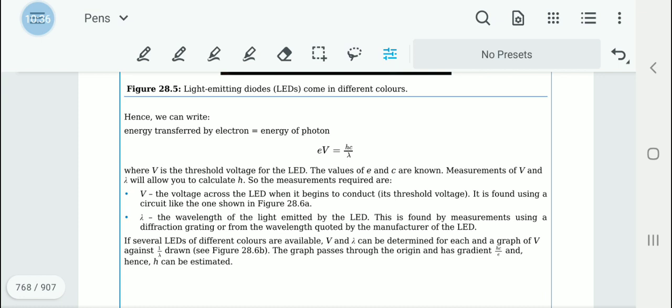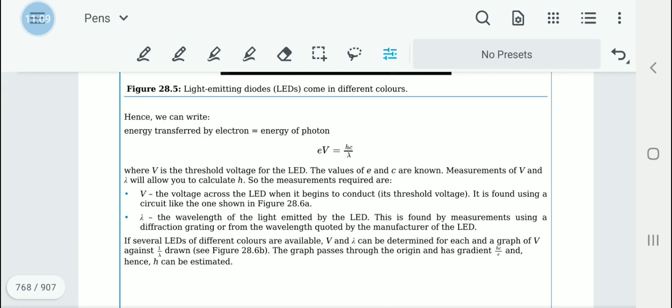What we need is the voltage across the LED when it begins to conduct, that is the threshold voltage. Then lambda is the wavelength of light emitted by the LED. We can use a diffraction grating, or usually when the LEDs are manufactured, the manufacturer would give the wavelength of the LED.